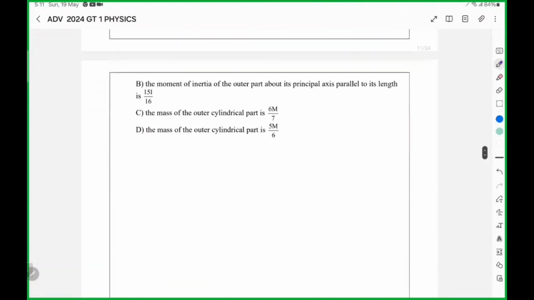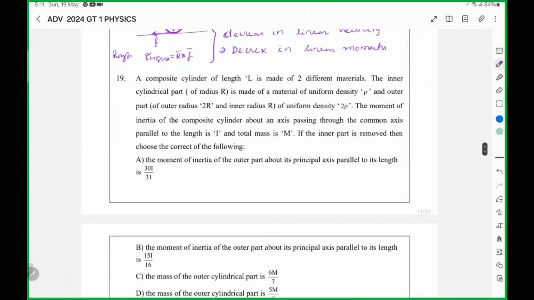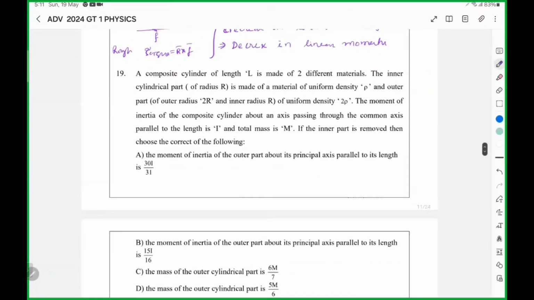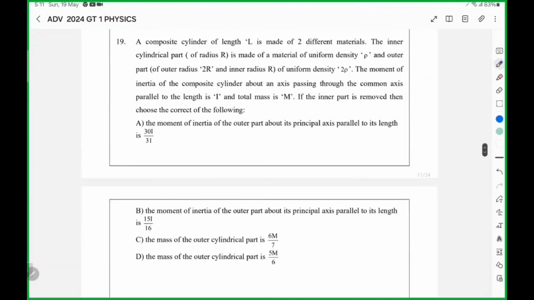Here it is a composite cylinder of length L made of two different materials.